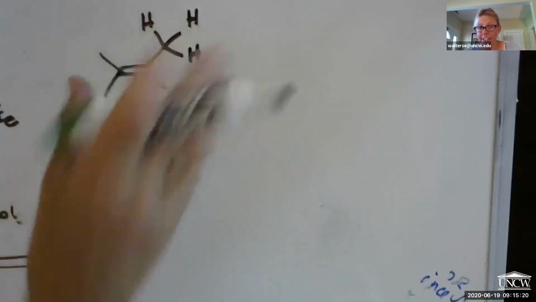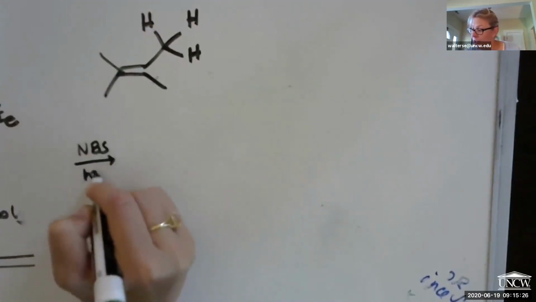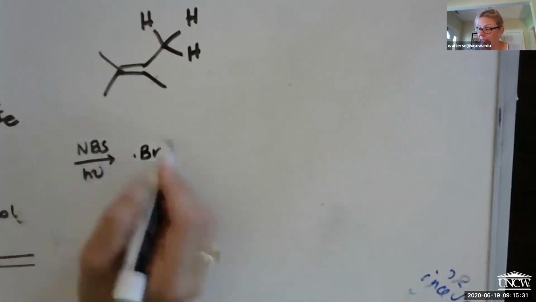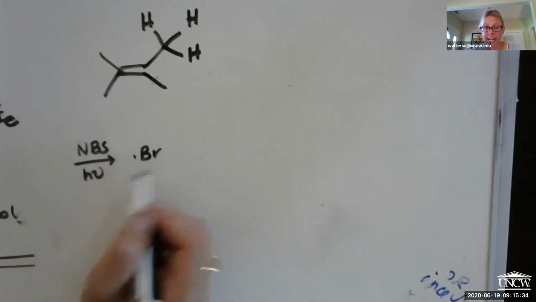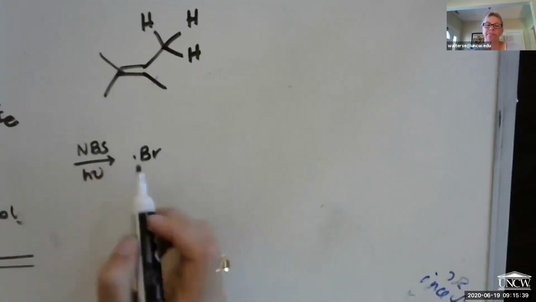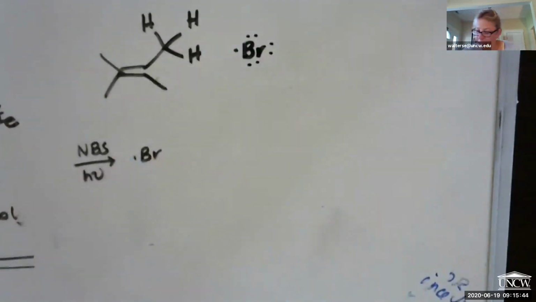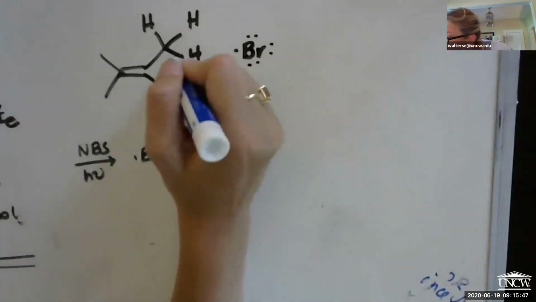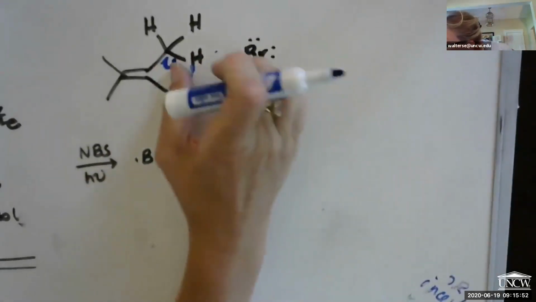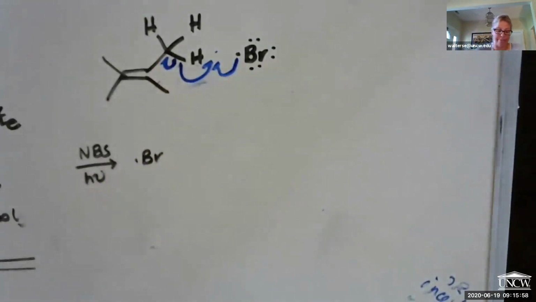Now, before the reaction takes place here, the NBS in light reaction generates a bromine radical. So this has to happen on the side, and it happens more than once. The first bromine radical is going to be responsible for pulling that hydrogen radical off and making a bond to HBr.